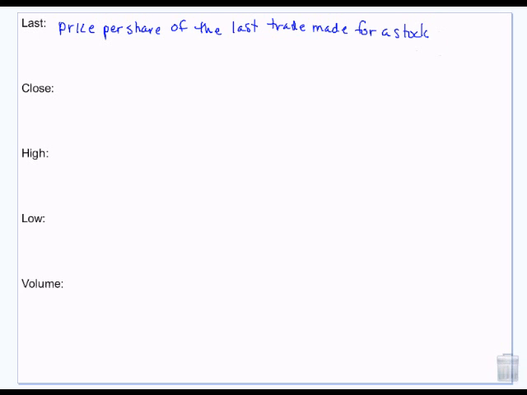Now it depends. If it's in the newspaper, it's for the day. So when the newspaper prints the last, it's the previous day.